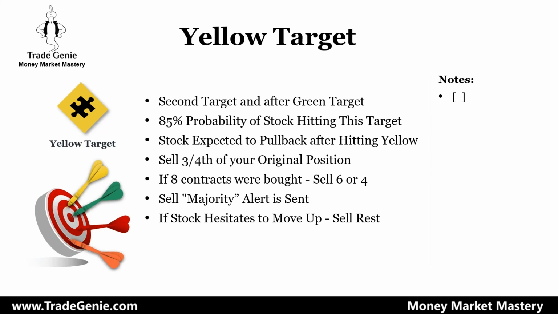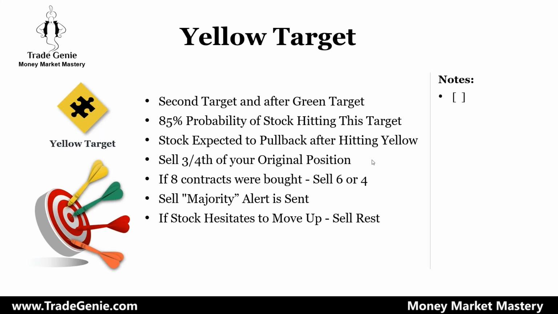People start asking, is it a correction or a crash or a recession? Are we there yet or no? Recession coming? Yes, no, yes. So the yellow target hit and now it's pulling back and you did not take the profit. So sell some position, or the majority of it, or half. We send out the alert, sell majority or sell half.